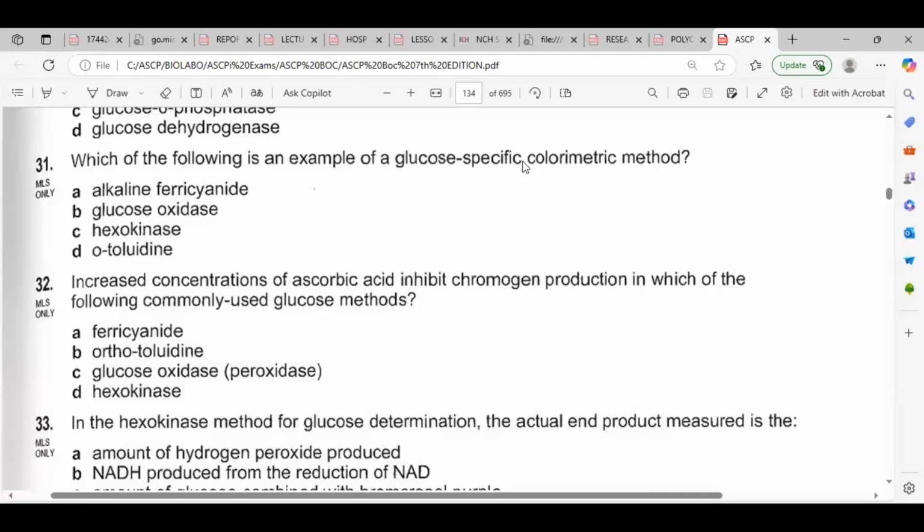When hydrogen peroxide is there, it will convert that colorless substance, which is called the chromogen, to produce a colored compound. That colorless substance will be converted into a colored compound. That's why it is called the chromogen, because it is going to produce a color.